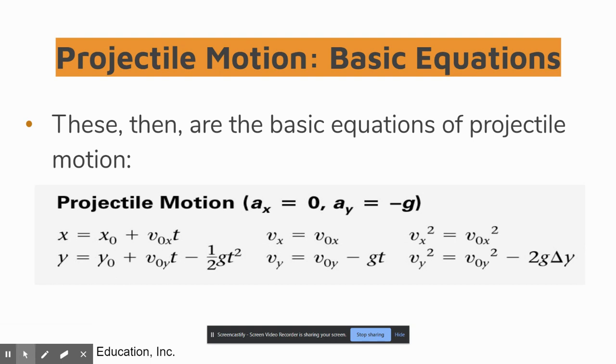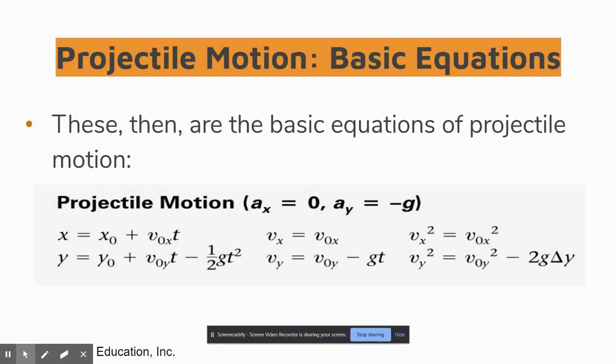Once again, I'm showing you the equations of motion, and these are the ones that we will specifically be using for projectile motion. You'll notice that just like in the previous section, these have been split into their x and y components.